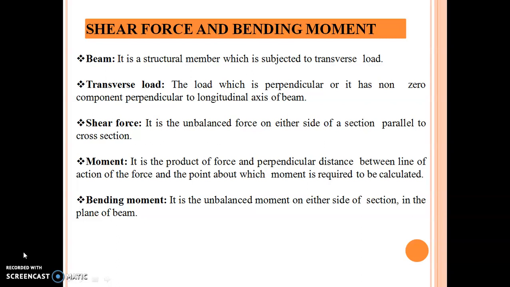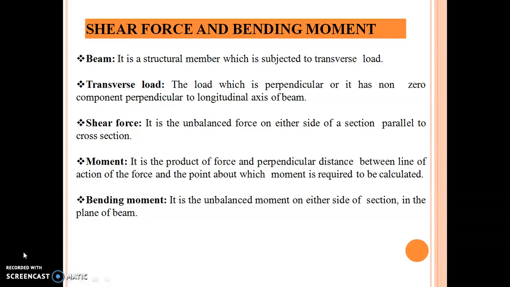A transverse load is a load which is perpendicular, or has a non-zero component perpendicular, to the longitudinal axis of a beam. Taking the example of a beam, it is a horizontal structure. The axis passing through the center is the longitudinal axis, and the force applied perpendicular to that axis is known as a transverse load.